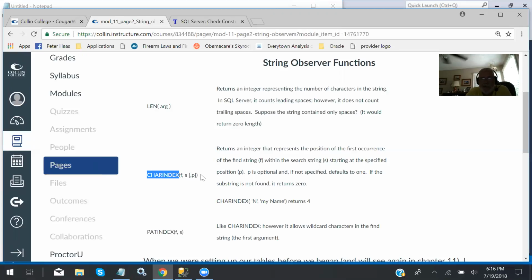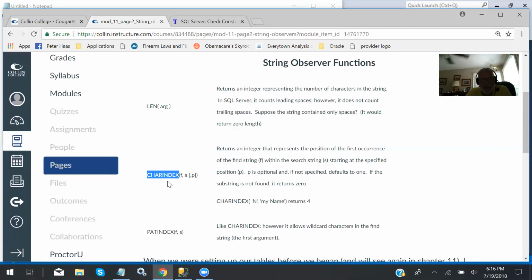Next one is similarly important, return the char index, and every programming language has something like this. It has different names. Some have PAT, pattern at, or AT, I think in Java.